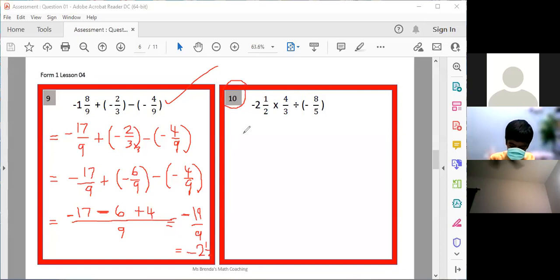Okay, we do that first. That's an important step. So first thing, write your equals, change this first. This will become negative 5 over 2 times 4 over 3 and divide by negative 8 over 5.